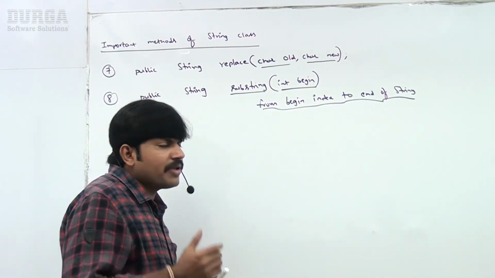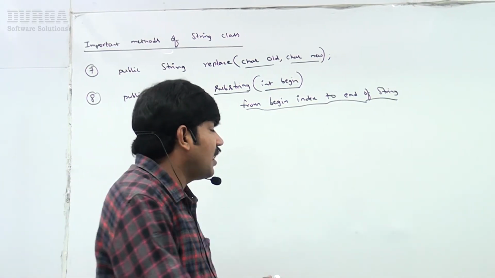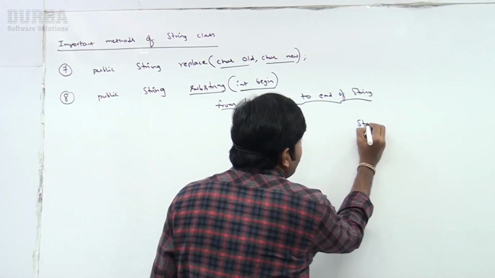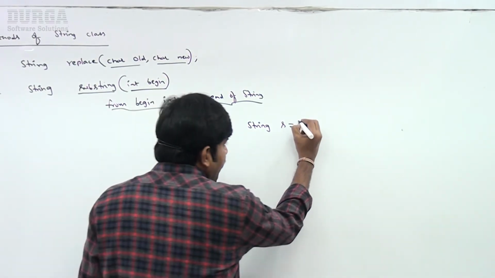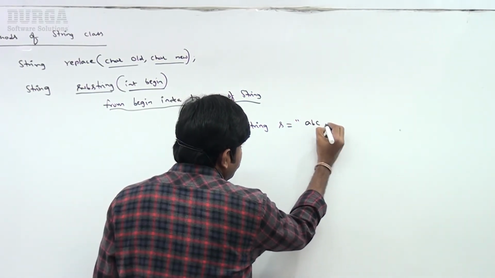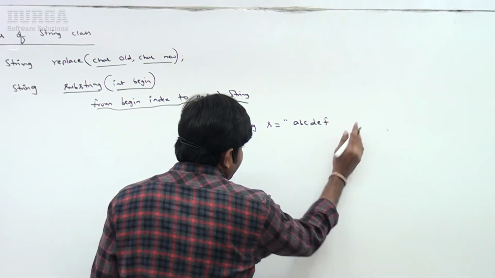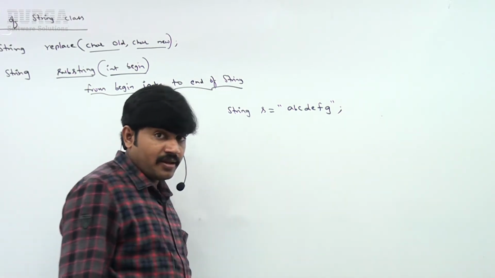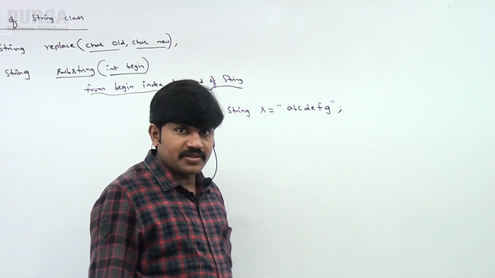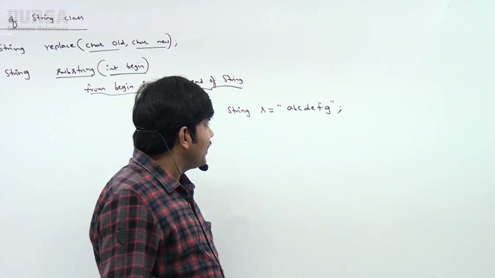Sir, let me execute this code. Have a look once, or otherwise let me go for a small example first. String s is equal to, I'm taking A, B, C, D, E, F, G.